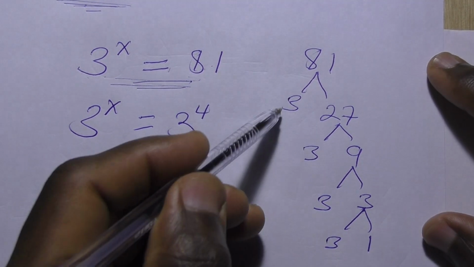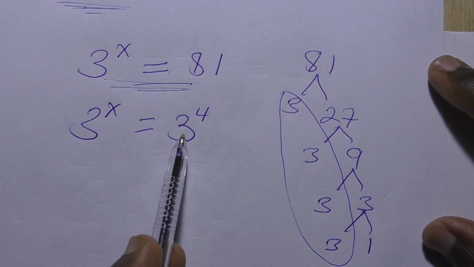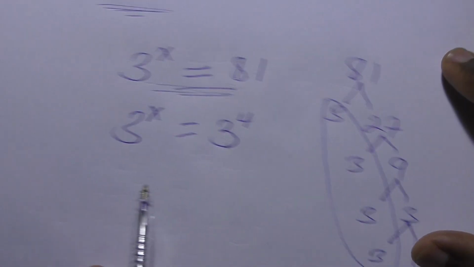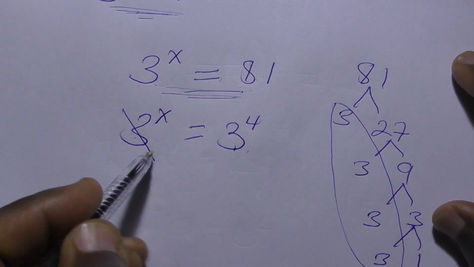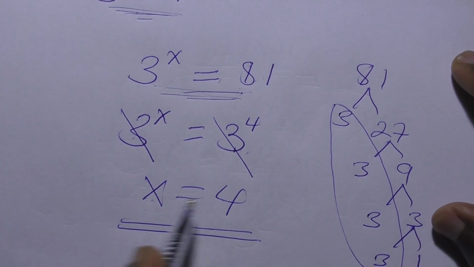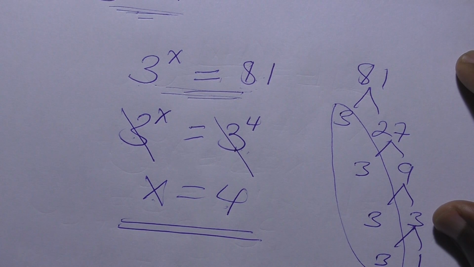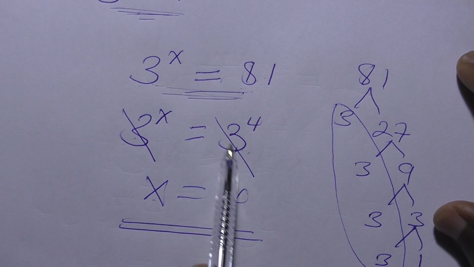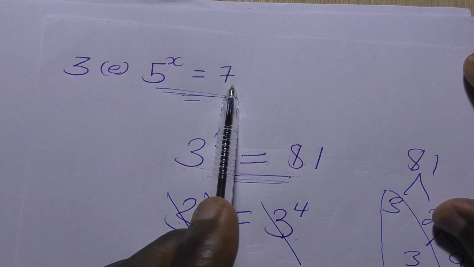So 3's are appearing 4 times. That's why we have 81 written as 3 power 4. Now here we shall be having the same bases, whereby we simply cancel them and remain with the powers, hence giving us x as equaling to 4. That is, in case these two can be simplified to have the same base, which is impossible in this case.